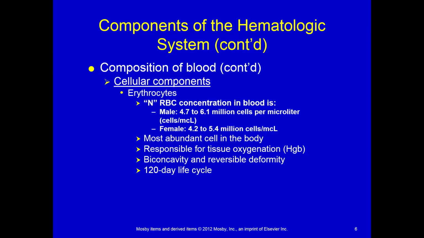And you may have already known this as well, but red blood cells actually have a pretty short life cycle, about a 120-day life cycle. And that truly is because red blood cells cannot really undergo mitotic division. Therefore, they have a pretty limited lifespan. And that's important to keep in mind.